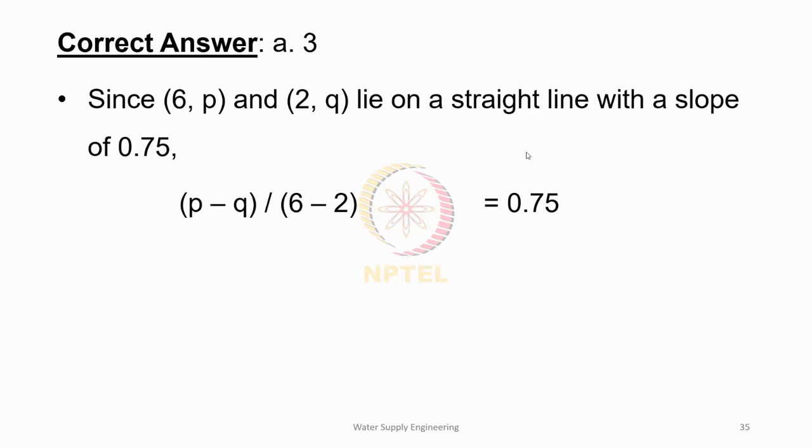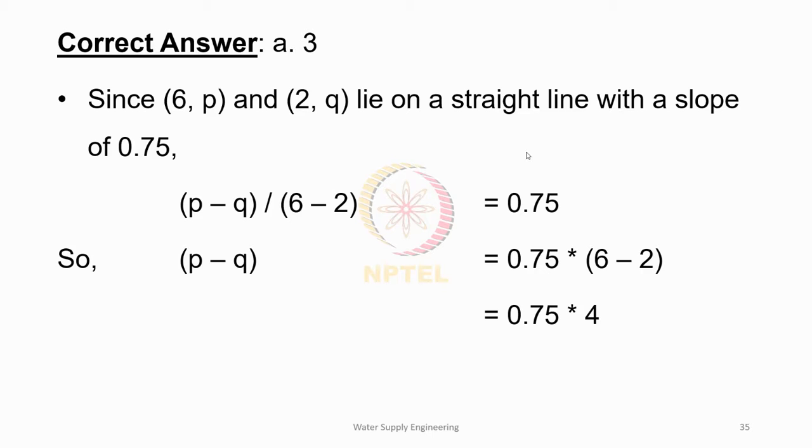So it is p minus q by 6 minus 2 is the slope, the value of which is given in the question as 0.75. So rearranging the terms, we have p minus q equal to 0.75 into 6 minus 2. So 6 minus 2 is 4. So it will be 0.75 into 4, which is equal to 3. So the correct answer is option A 3.